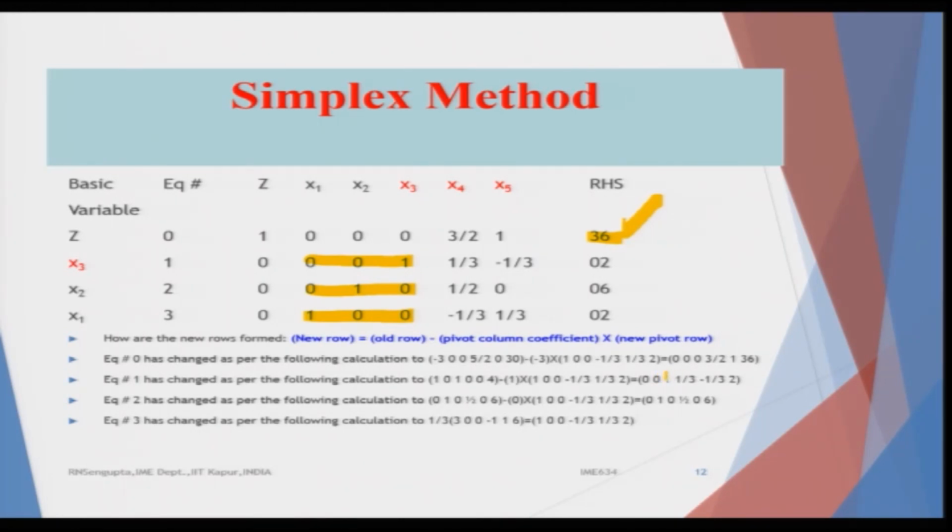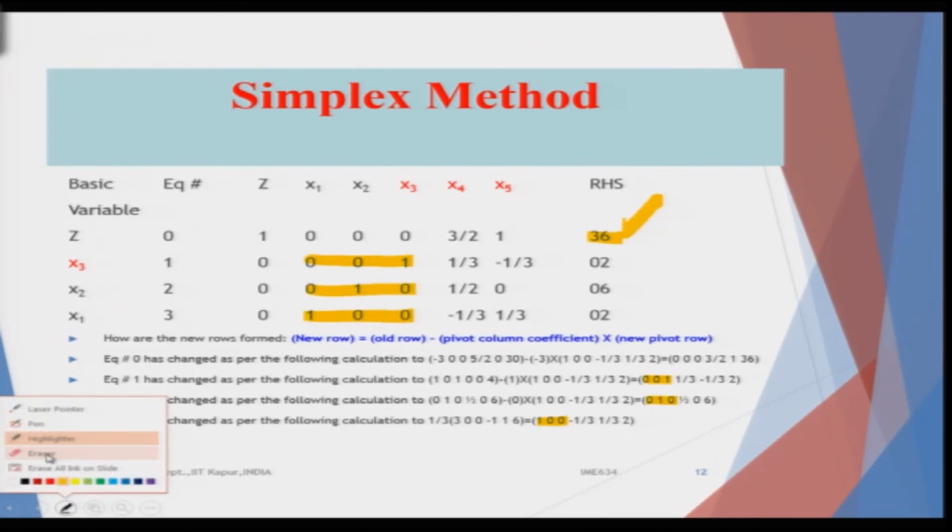So, let us check. I am not interested in equation 1. So, I am only interested in equations 2, 3, 4. So, the values are 0, 0, 1, 0, 1, 0 and 1, 0, 0, which is exactly what I get. So, let me use a different color, it will be easy.